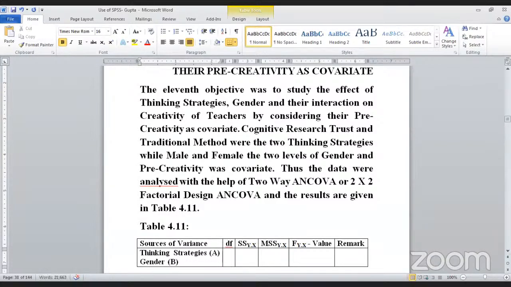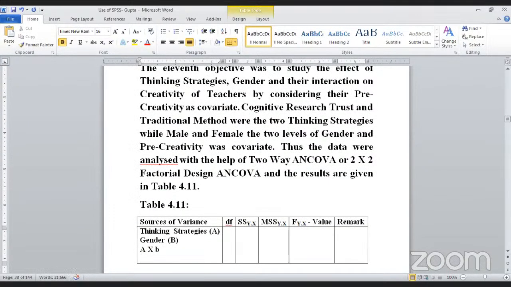I can call it B. Then it is A interaction B. Then it is error and then it is total. There are two thinking strategies, so 2 minus 1 is 1. There are two levels of the gender, so 2 minus 1 is 1. And 1 multiplied by 1 is 1.